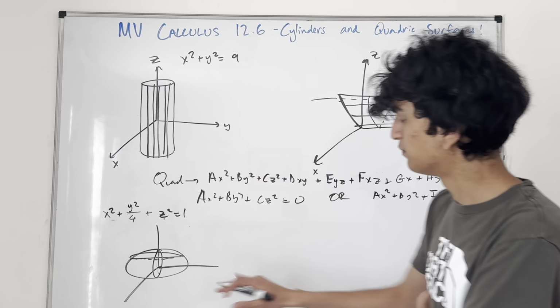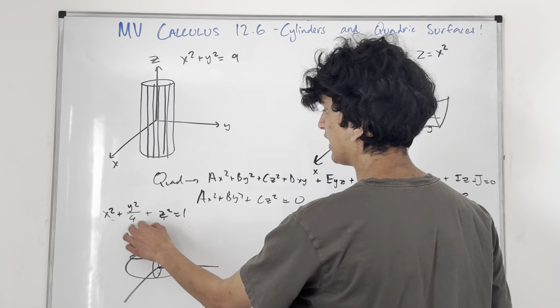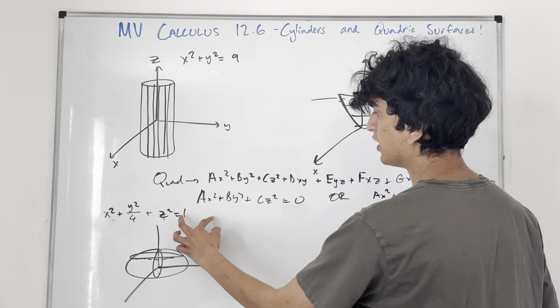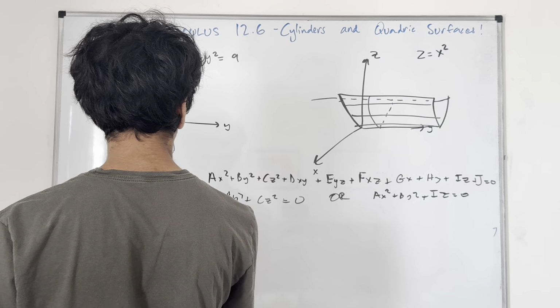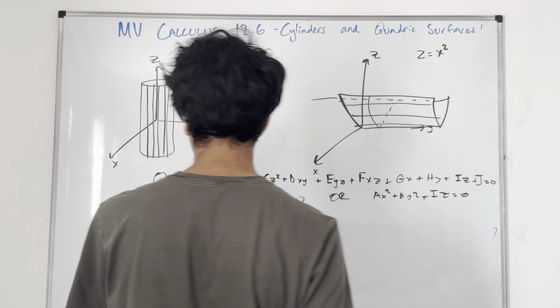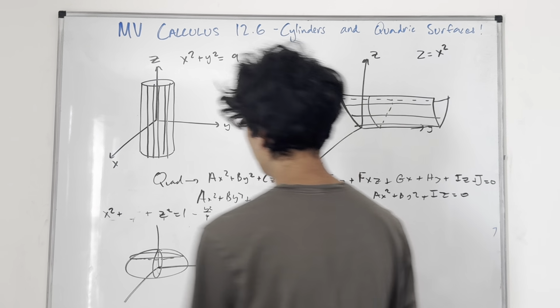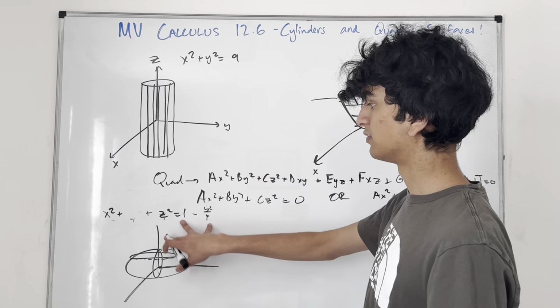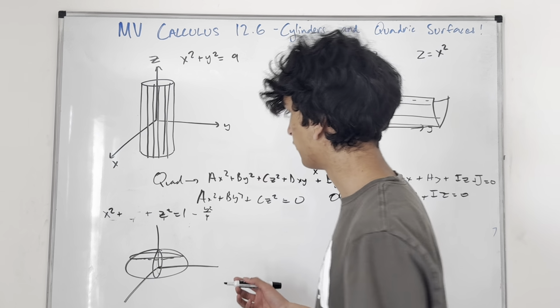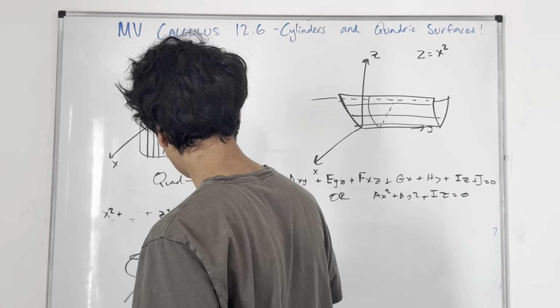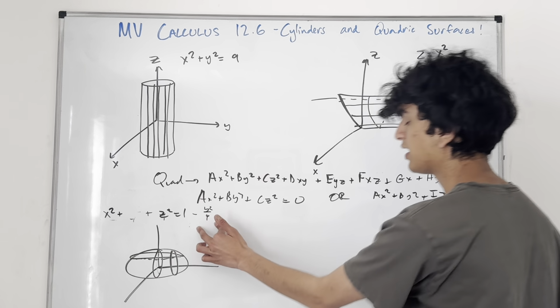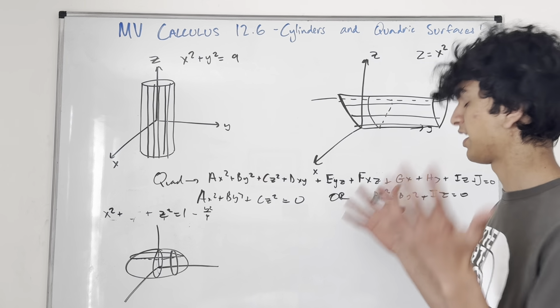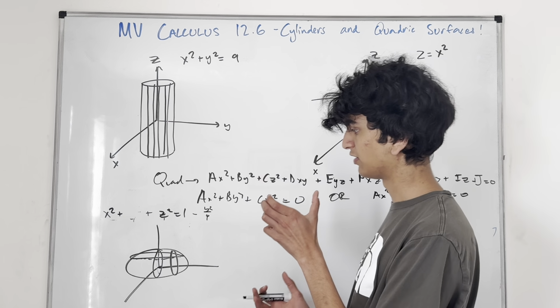On the xz plane. And then as your y gets bigger, when you subtract it over, right? Minus y squared over 4, this radius just ends up getting smaller. So it's the same on the yz plane. It would still be the same as we hold y constant on the xz plane, but the radius keeps getting smaller.